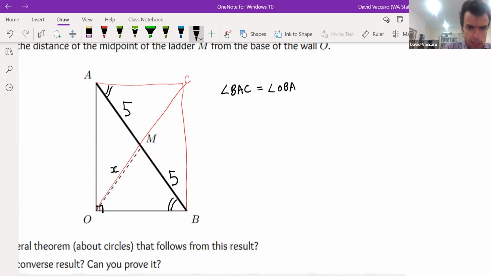So let me write this nicely, because part of the reason of doing the webinar is to show you how to write things. So let's add a point C such that OBCA is a rectangle.